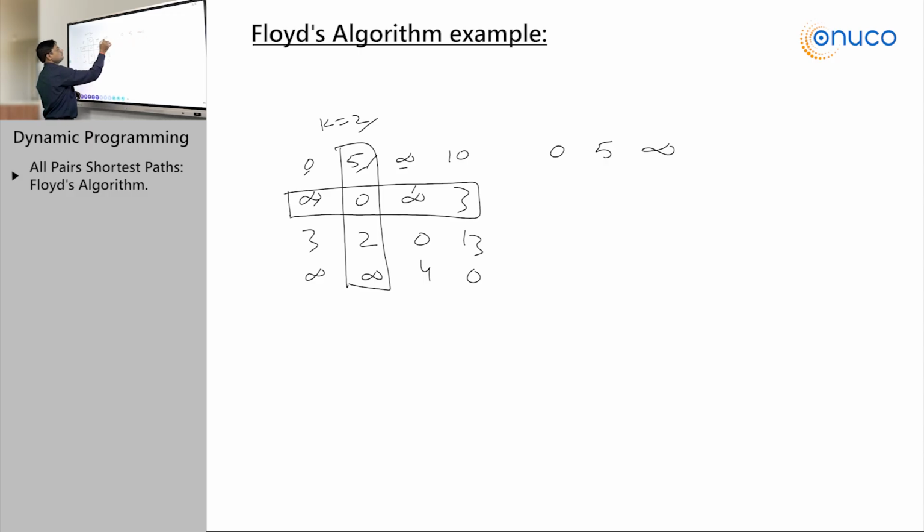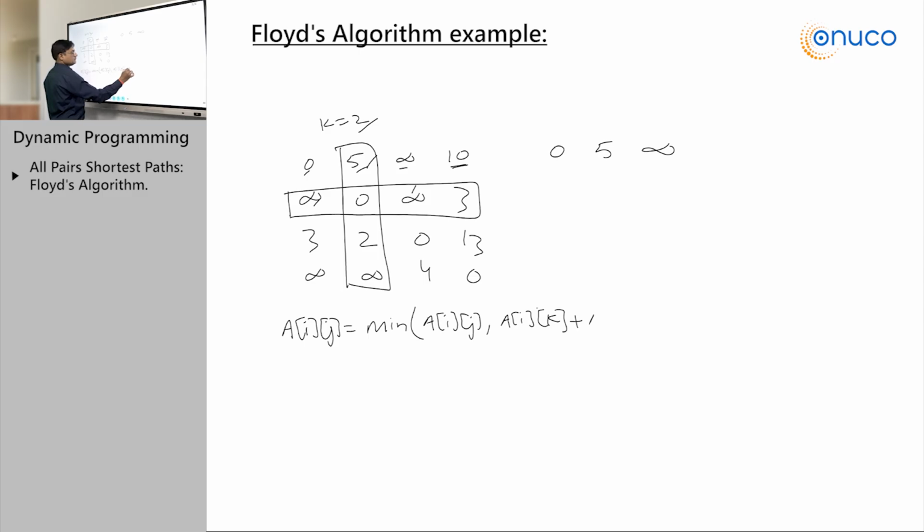You will see here, friend, all of you please focus that this original value is 10. If you write again that formula, A of Ij is equal to min of A of Ij, comma, A of Ik plus A of Kj.